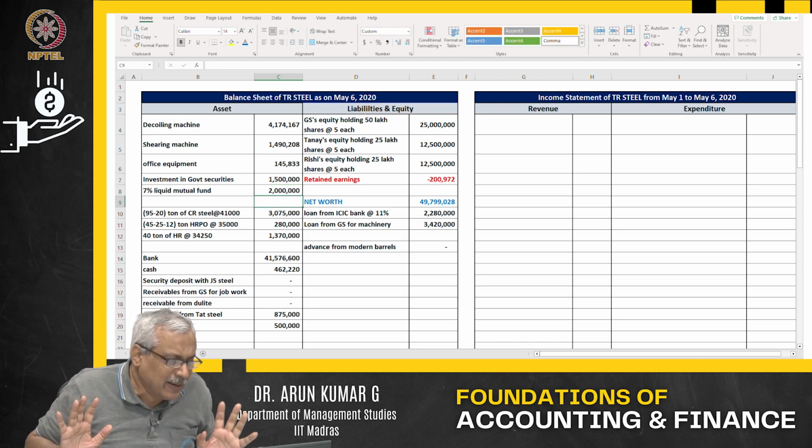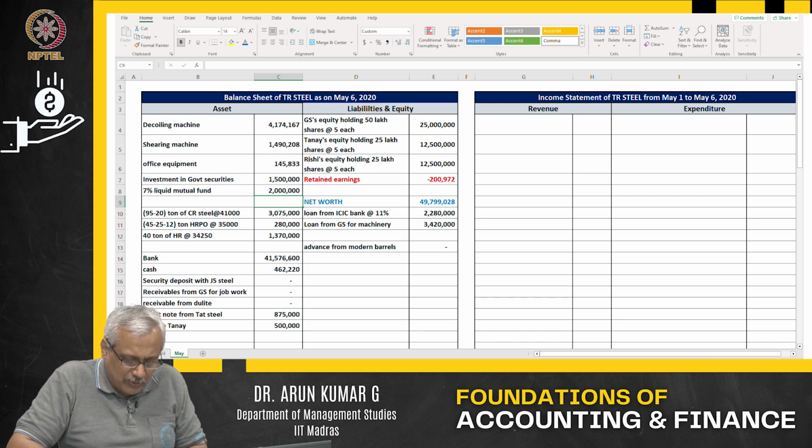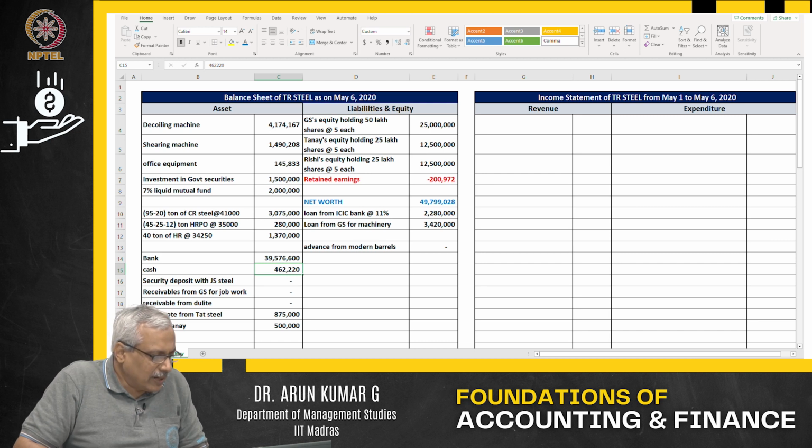Agreed, you have not received it, but you are eligible to receive it. That means interest has accrued. So, accrued interest on government bond, on government investment, accrued interest on the mutual fund, liquid mutual fund.